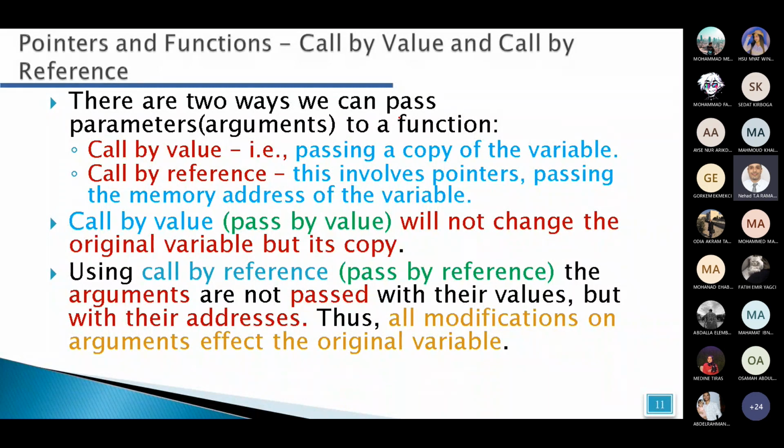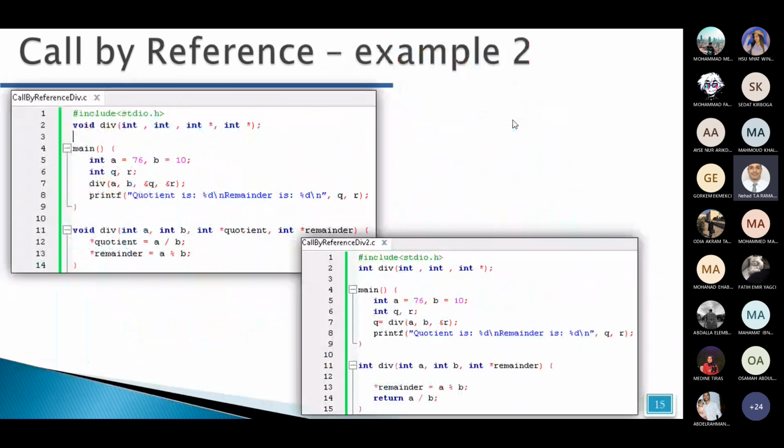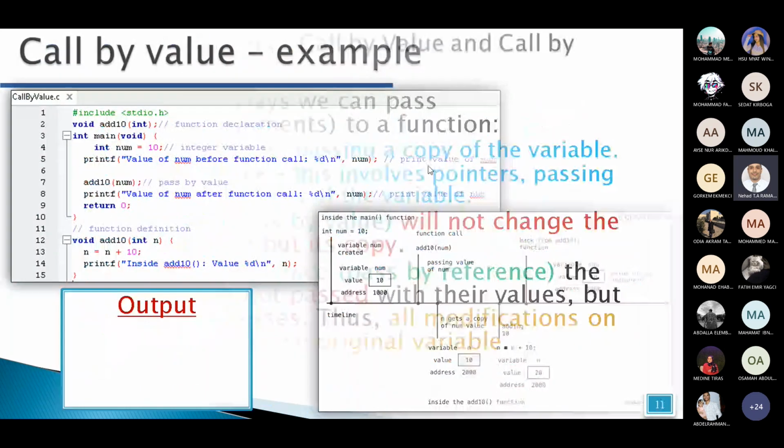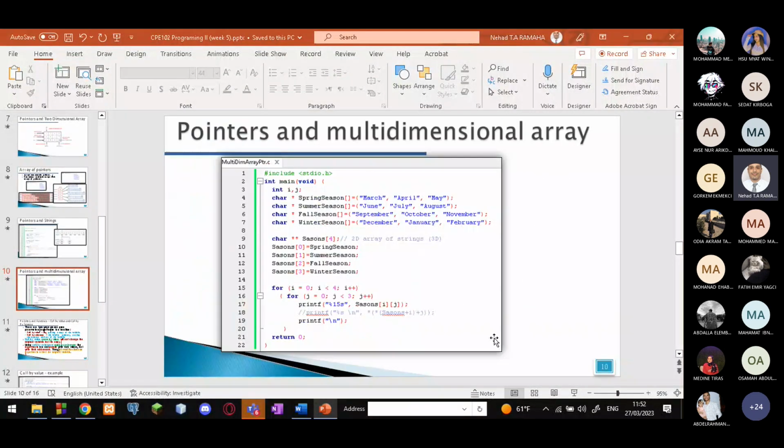It's related to the pointer, and usually in the exam there are output questions, so you need to know the difference between call by value and call by reference. That's why I will keep it for the next lecture, because we have some examples here that we have to understand. So we can stop here, and we will continue this lecture note next time, inshallah.